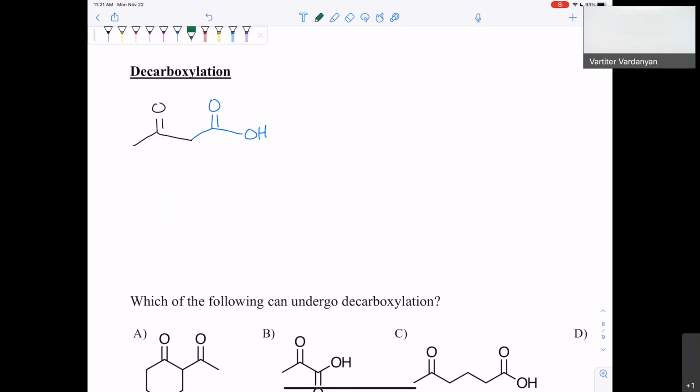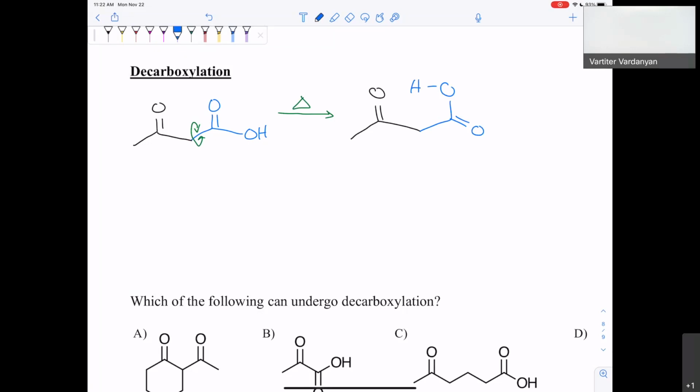So the first step of the decarboxylation is just to move this bond around. The reason we're turning this bond is to put the OH next to the ketone. So we end up getting something like this.